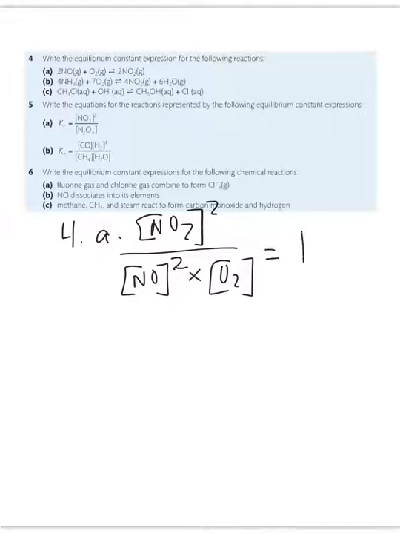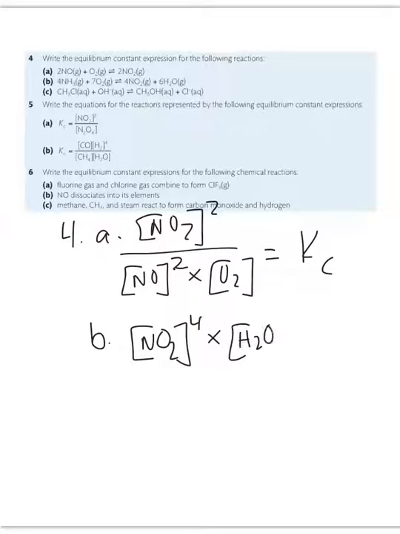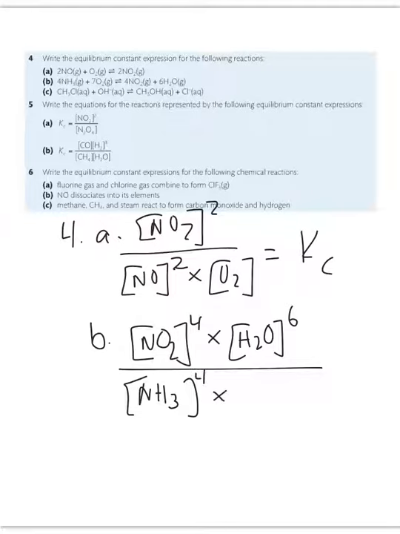And that would be my Kc, or Keq, for part A. For B, I've got NO2 as my first product to the 4th power times H2O to the 6th power, and that product is going to be divided by NH3. Make sure you include your concentration brackets, to the 4th times O2 to the 7th.